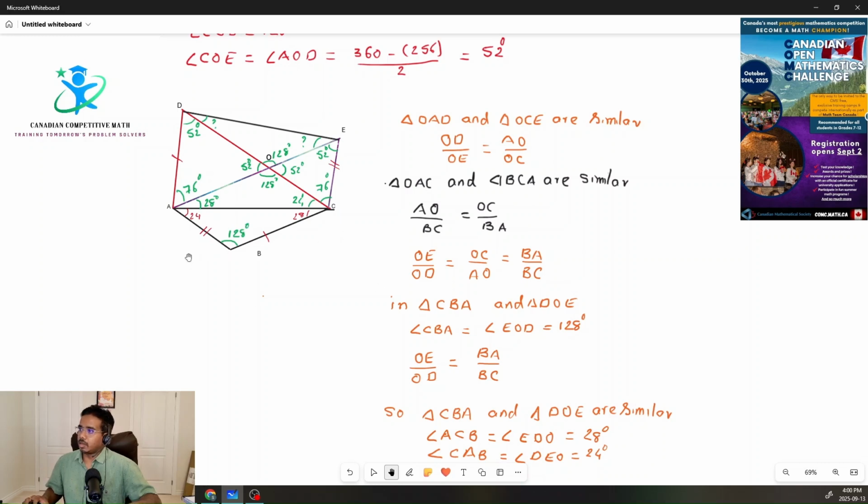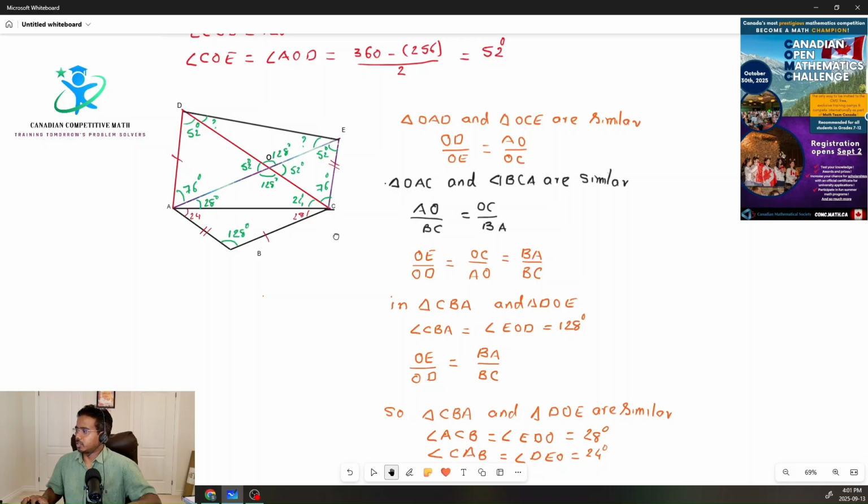See, earlier we didn't have any relation for this triangle ODE to any other triangles. Now, using these ratios, we related triangle EOD to triangle ABC.